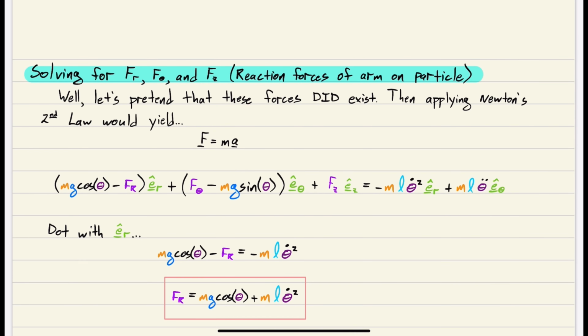This time we add in, and this is the same as we had before, F_theta minus mg sine theta e_theta. We don't know what F_theta is, it's an unknown in the e_theta direction. And we're also adding F_z in the e_z direction. Then this is the same ma that we had above. All we did was pretend that there are forces F_theta and F_z.